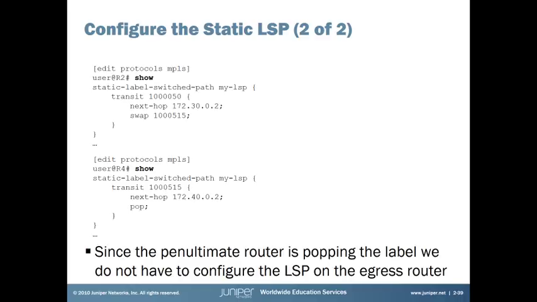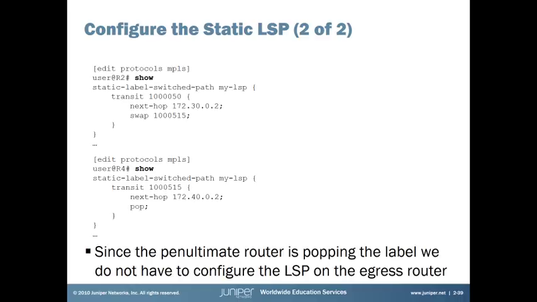Okay, now we arrive at R4, and you notice that the transit statement is there. The value that we see there is the value that was swapped by R2 and put onto the packet, which is now being received by R4.